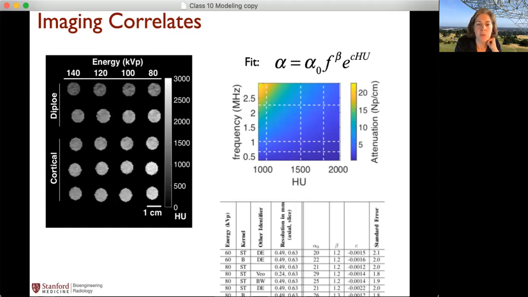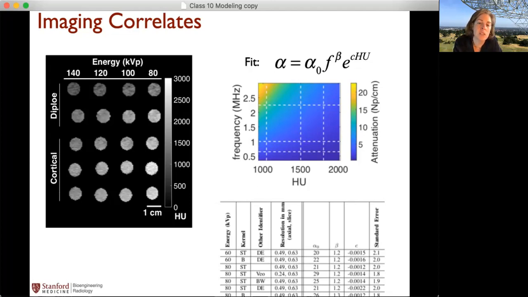Having made multiple measurements and filled up a grid, we then fit to a 2D function that went this way. So it was sort of an exponential in the Hounsfield unit direction, and then an exponential in the frequency direction. And what we saw is that there was a hot spot over here with very, very high attenuation. This corner is lower Hounsfield units, meaning it's where there's trabecular bone, so there's more scattering.